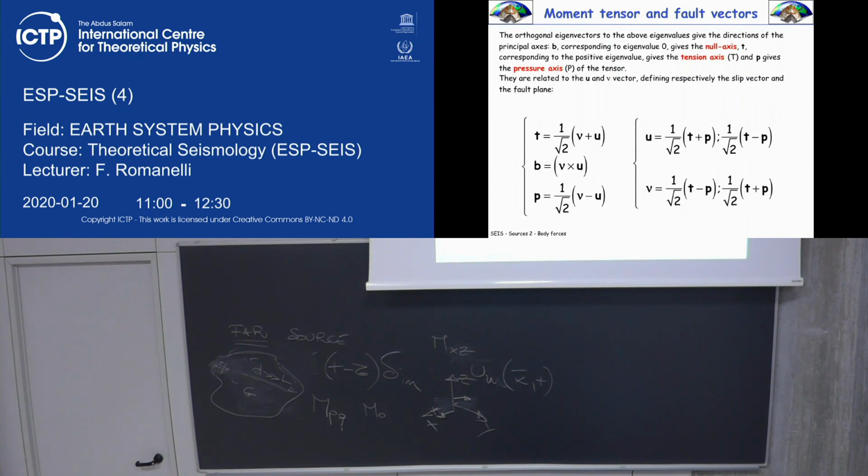The best physical vision of a dislocation of a fault, a shear dislocation, is to consider the fault as a plane, and this plane is described by one vector, n_i. The second vector tells us in which direction the dislocation is occurring, and that's u. So n_i and u, two vectors.